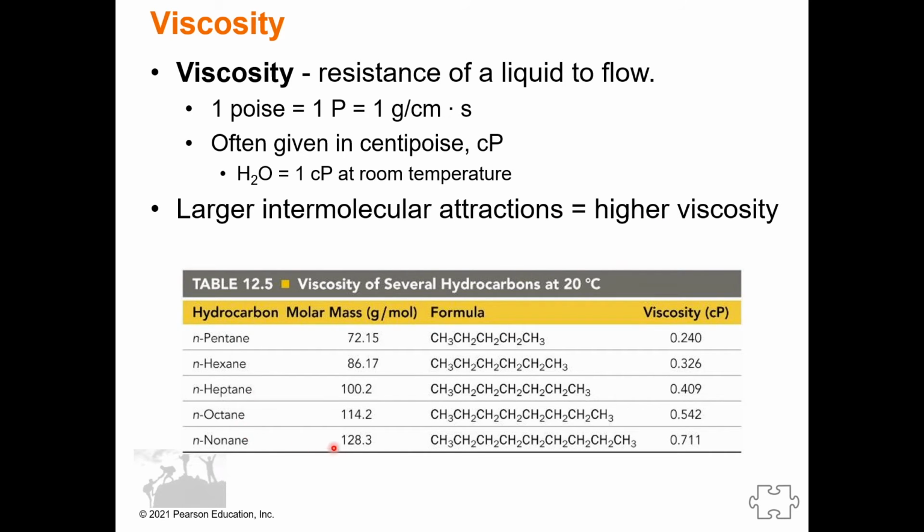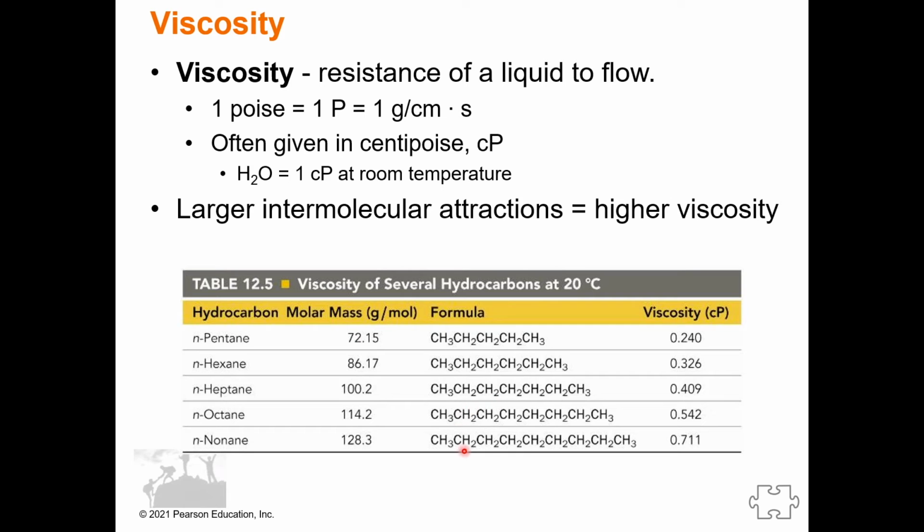So we could see that with the list of hydrocarbons here. Again, we have pentane all the way through nonane. And we could see that they're all straight chains. As the molar mass increases, the viscosity would also increase.